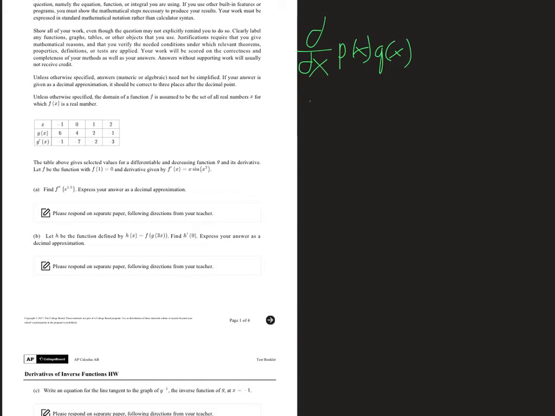And I know the product rule says that equals p of x times q prime of x plus q of x times p prime of x.